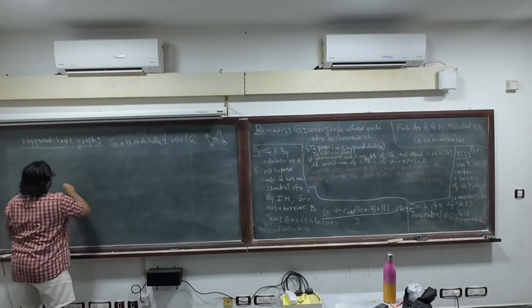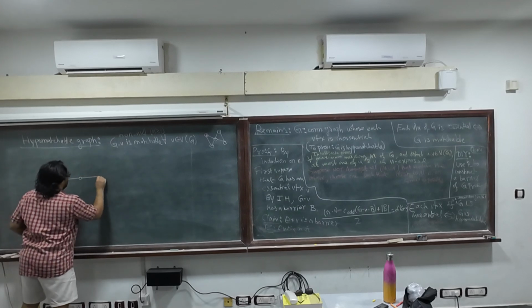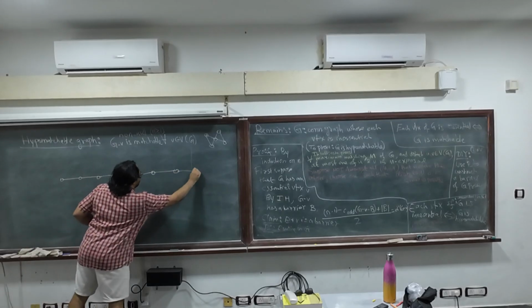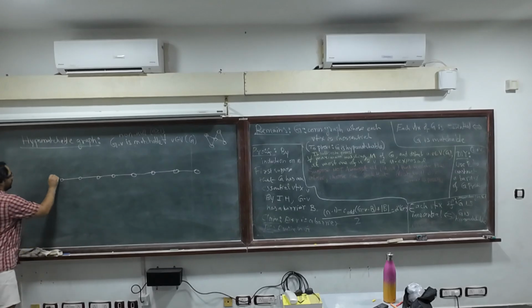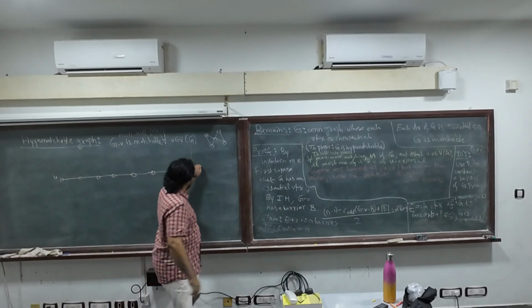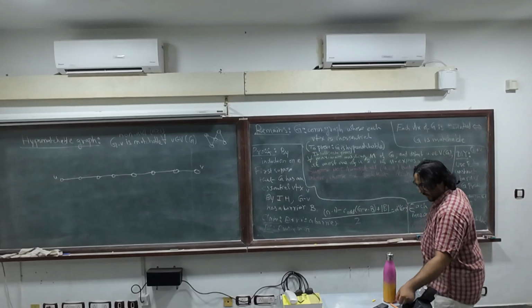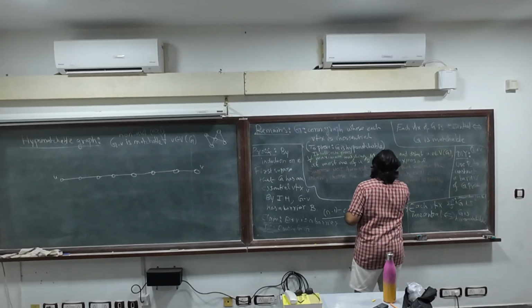Okay, let's make a drawing of a path. That's good enough. This is U, this is V. M is going to be my perfect matching in the pink color.